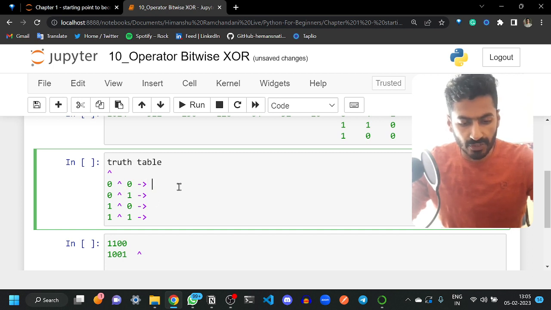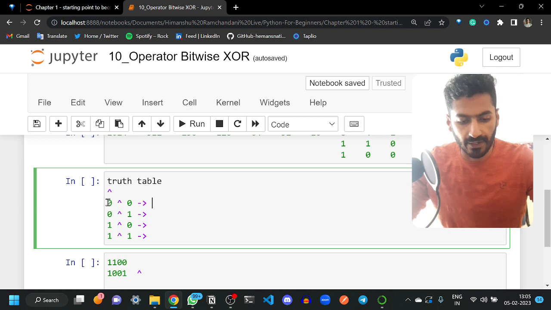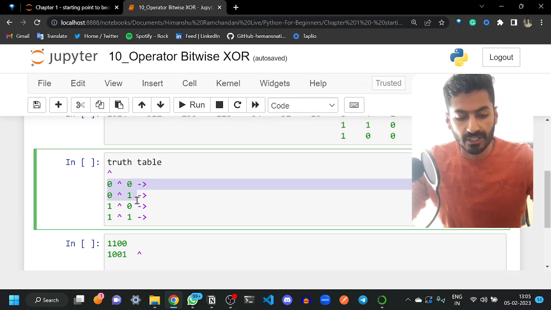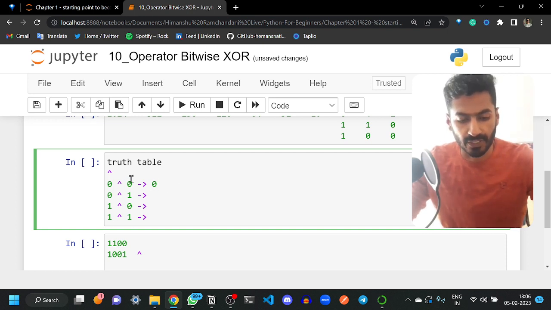In XOR, whenever all the inputs are the same, the output will be 0. This XOR logic gate will not pass charge forward if all the values are the same. So if all the inputs are low voltage, the output will be low voltage.